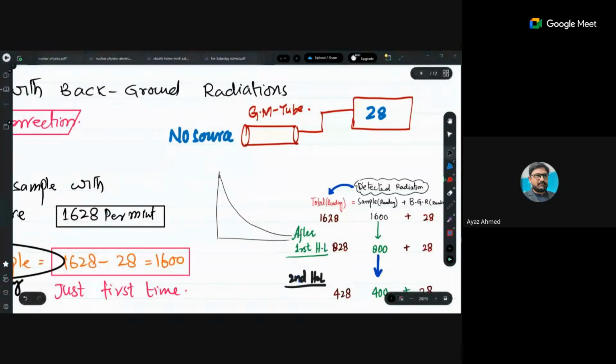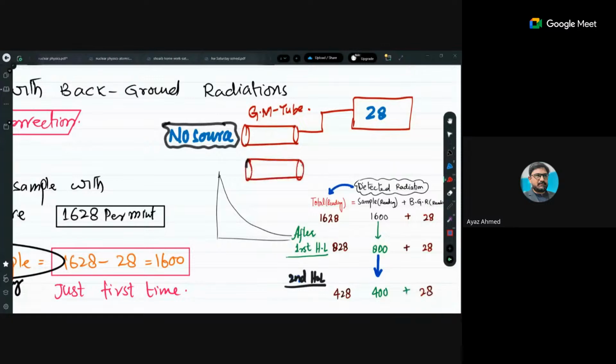Is it ना? अब आपने क्या किया? You placed some source there, right? Again, counter rate sample आपका वही है, same thing, ठीक है? Now you have source. Source means a lead block container के अंदर आपने क्या रखा हुआ है?